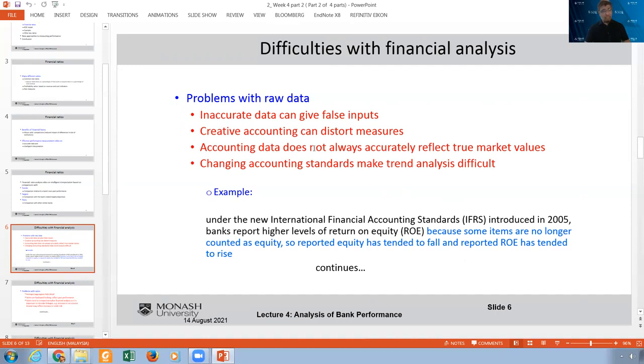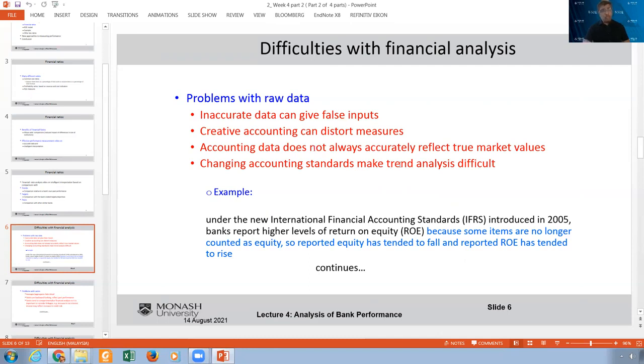But actually, sometimes you do it according to the allowed accounting policies. For example, if you use FIFO and LIFO and the average of the inventory, these inventory policies, you can always manipulate the bottom line. So you have to look at this, and this is one of the problems with data.